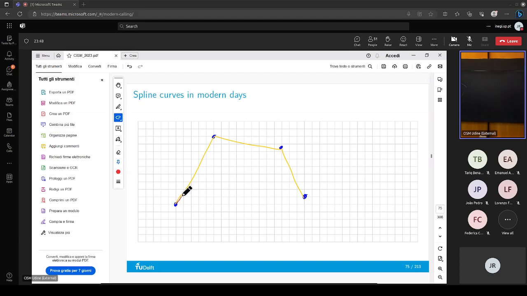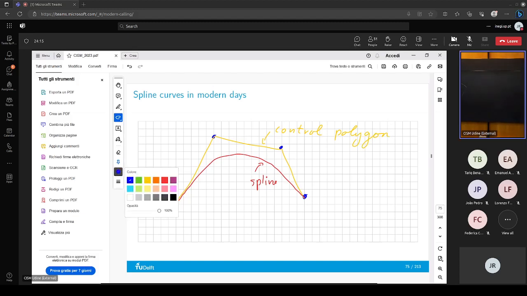And then it is somehow controlled, but does not go through the control points. So this would be the spline, whereas this would be the control polygon. And these are the control points.